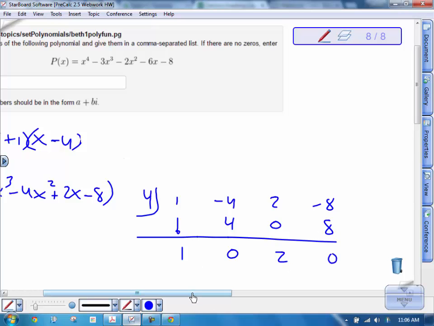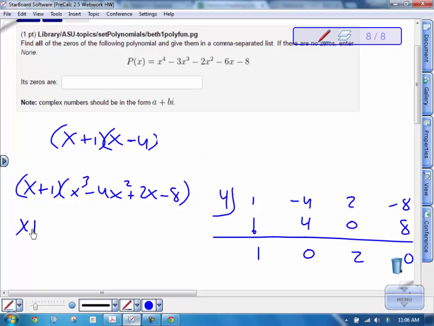So this thing actually factors into x plus 1, x minus 4, and then this quadratic, x squared plus 2. So my solutions are negative 1, 4, and the two imaginary ones that come from this.